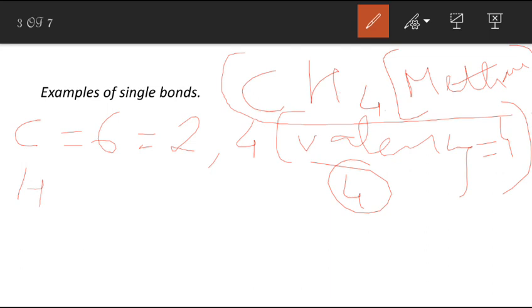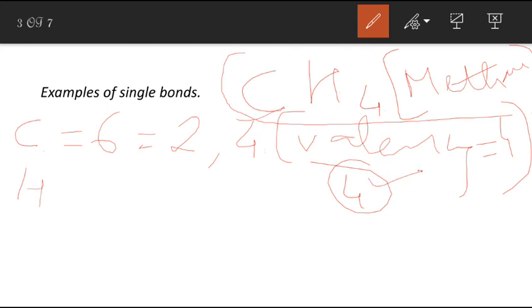So the number of electrons that it needs, it will react with that number of atoms. The number of electrons needed by an atom to become stable will be equal to the number of atoms that will form bonds with it. So the valency of carbon is 4. It needs 4 more electrons to become stable.